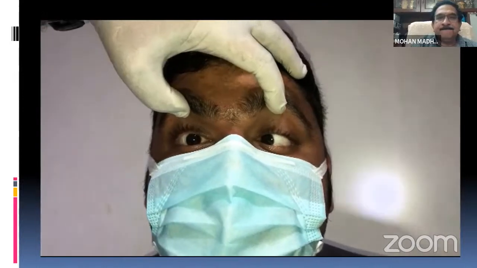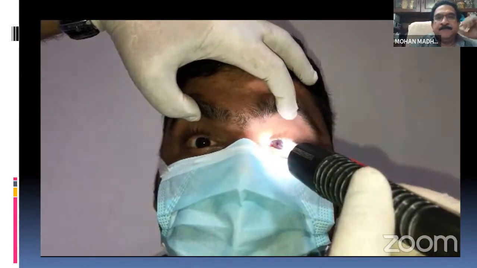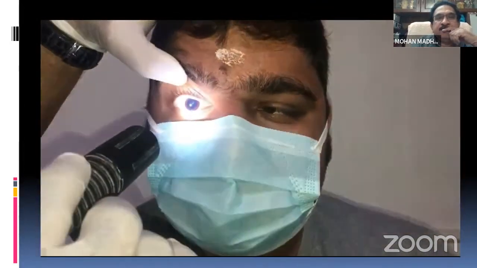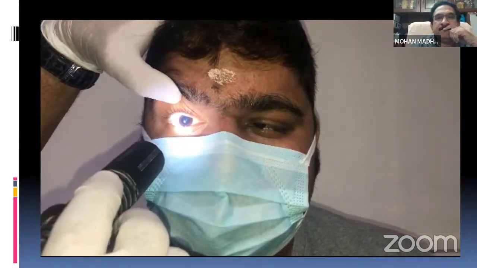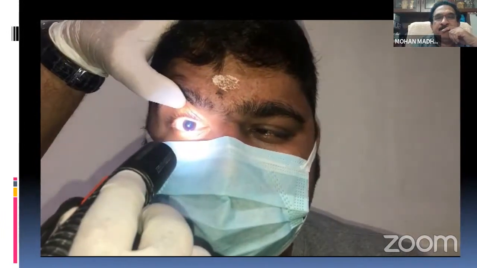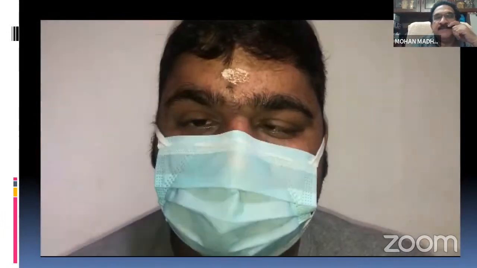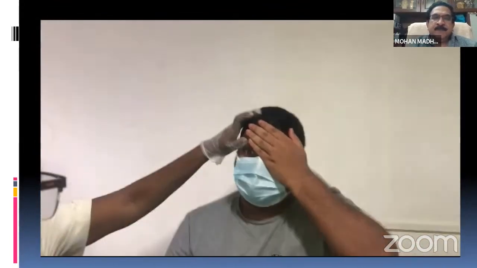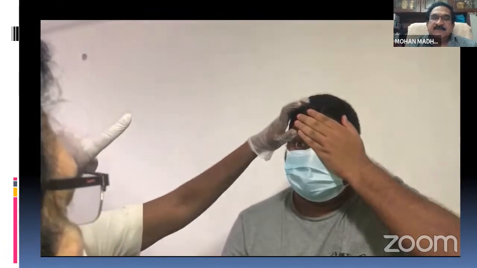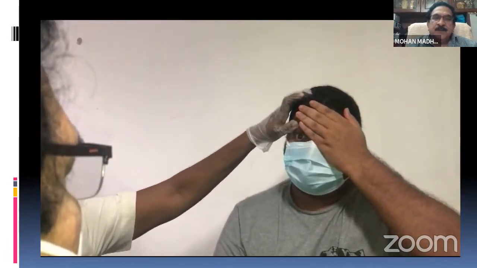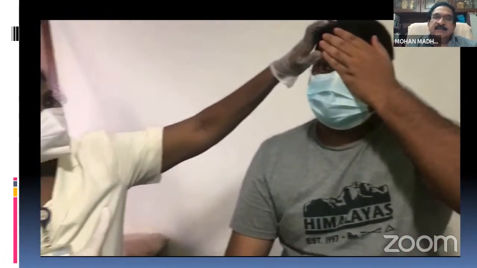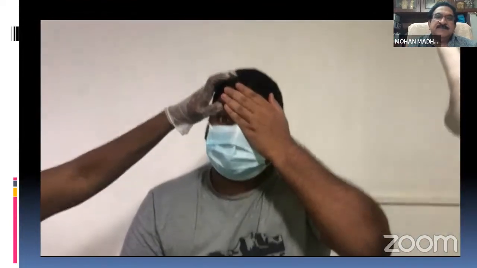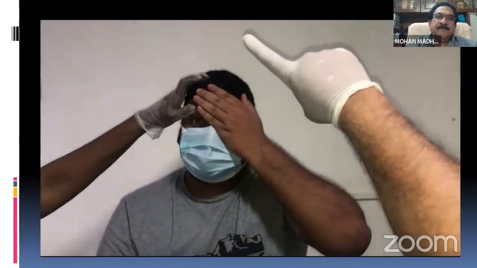Looks straight. There is no RAPD on the left eye. No RAPD. Checking the field. Left eye, the field cannot be checked because it cannot see anything at all. On the right eye, there's a superior temporal hemianopia. Lower part is able to see, upper part is not seeing.